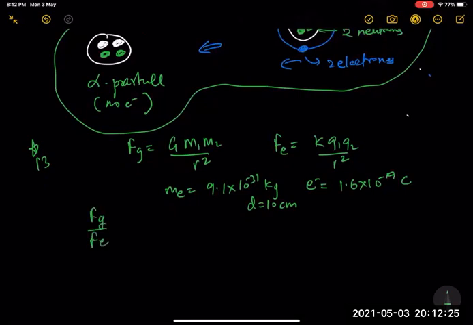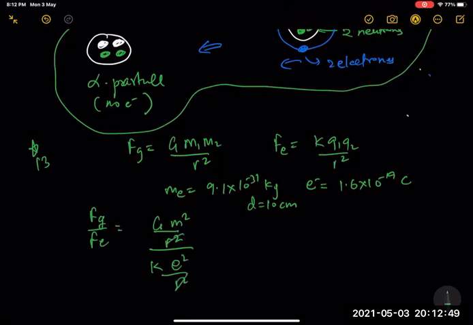So see, Fg is G times m1 m2, so it is m square, right? m square divided by r square, divided by Fe, which is K times the charge e square by r square.